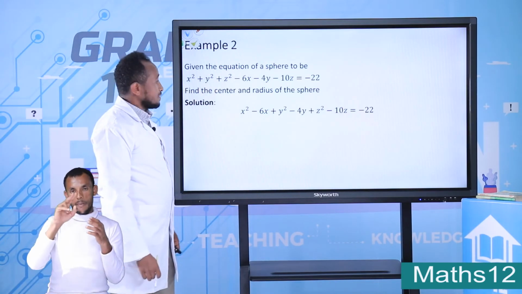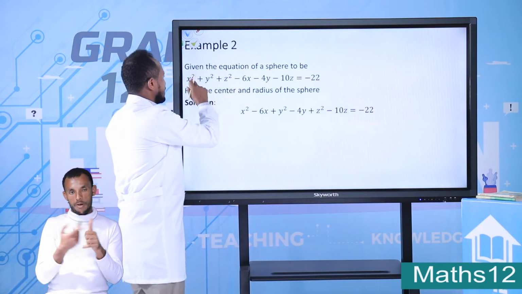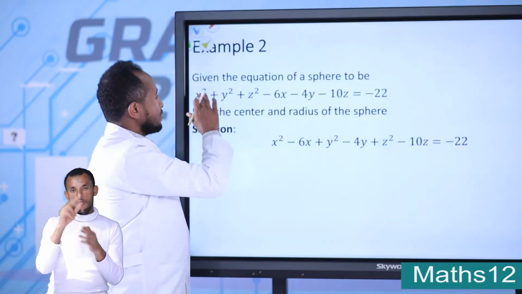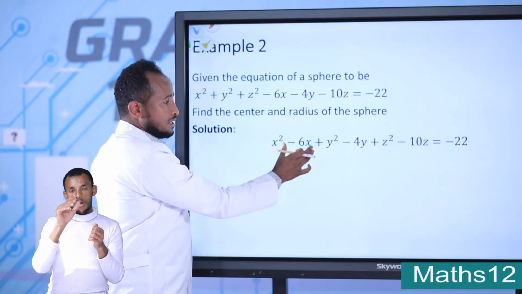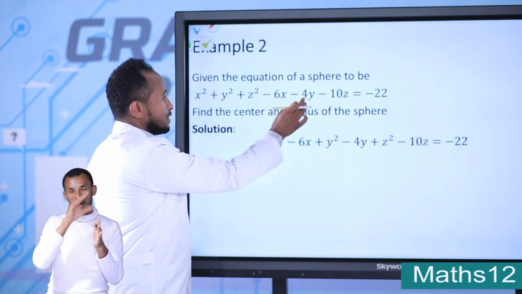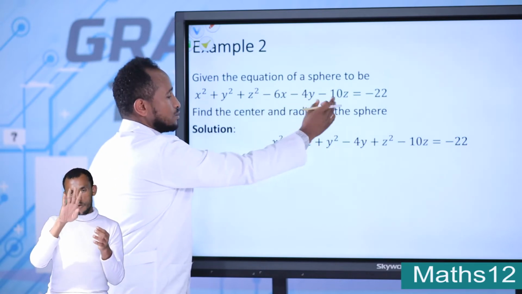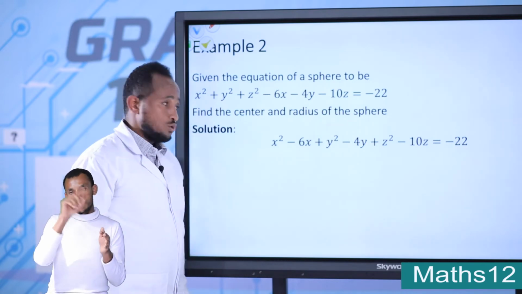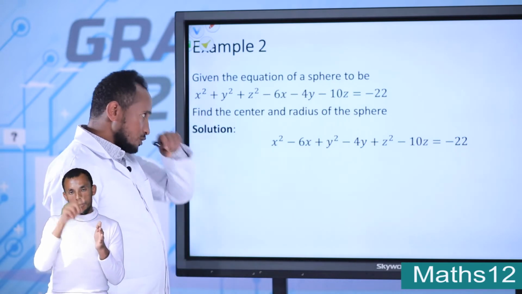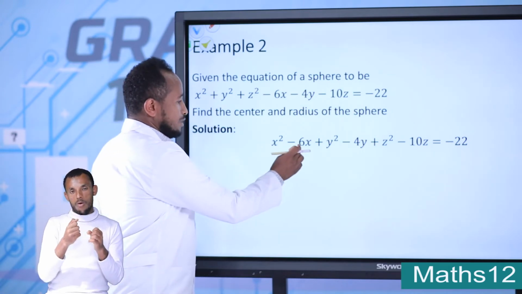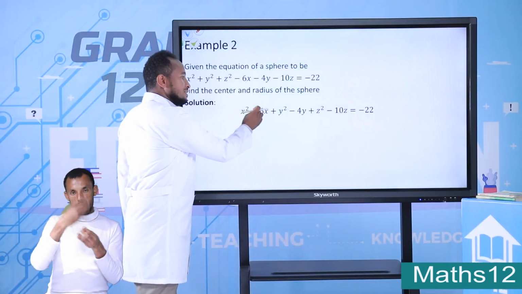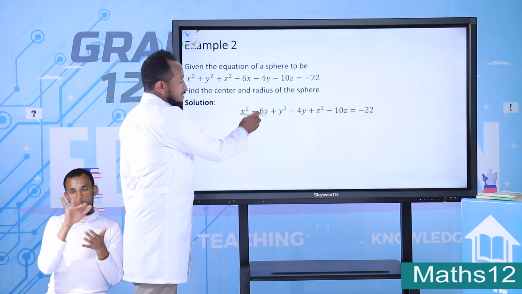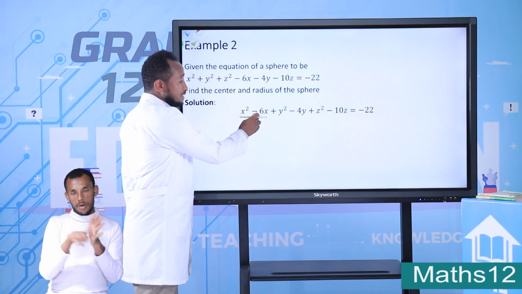First, arrange the variables together: x squared and minus 6x, plus y squared with minus 4y, z squared with minus 10z, is equal to negative 22. To apply the completing square technique, you simply add half of the middle term squared. The middle term is minus 6.